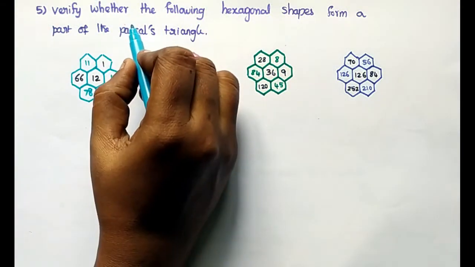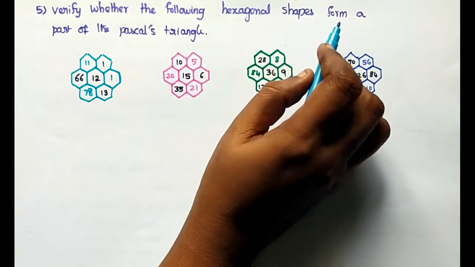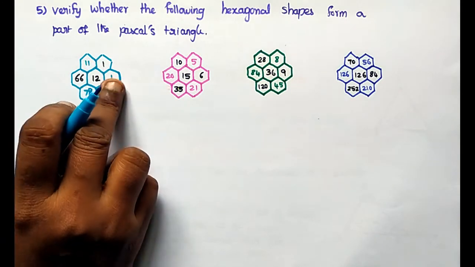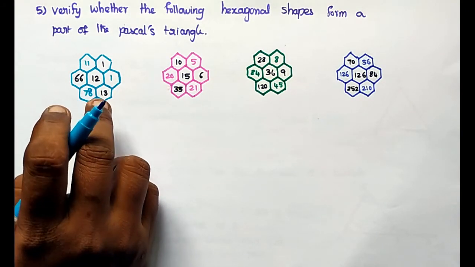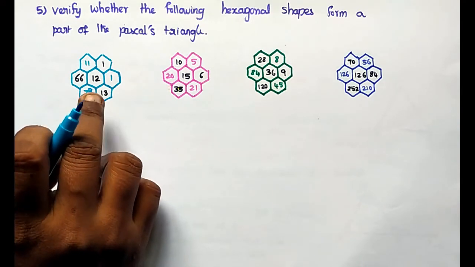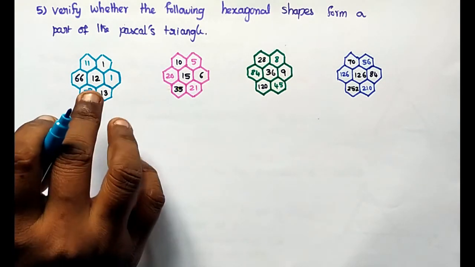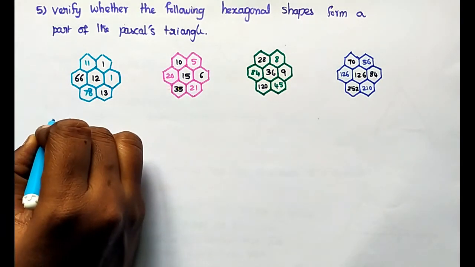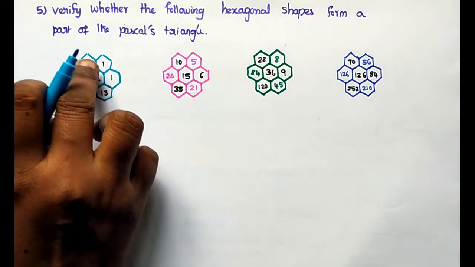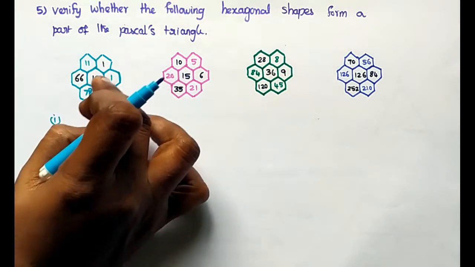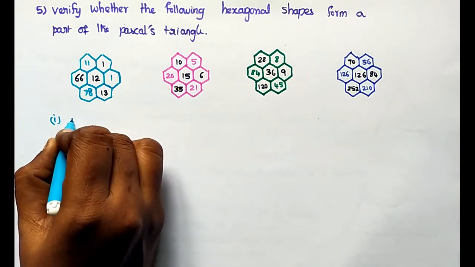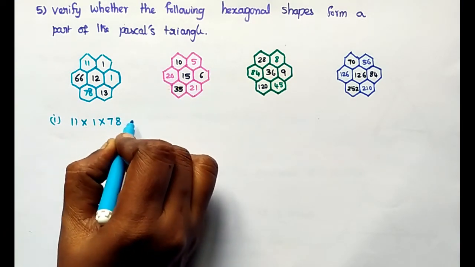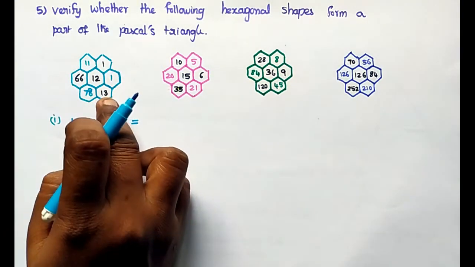Fifth sum, verify whether the following hexagonal shapes form a part of Pascal's triangle. Listen, they have given the Pascal's triangle. From the Pascal's triangle, they have given a hexagonal shape. Is it from the Pascal's triangle? Verify that. How? Listen, first one, take the alternate numbers. Multiply: 11 into 1 into 78 equal to 1 into 66 into 13.